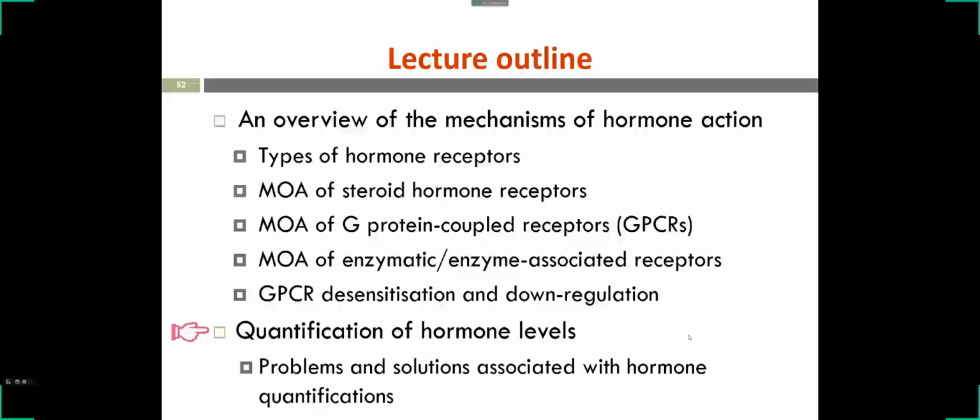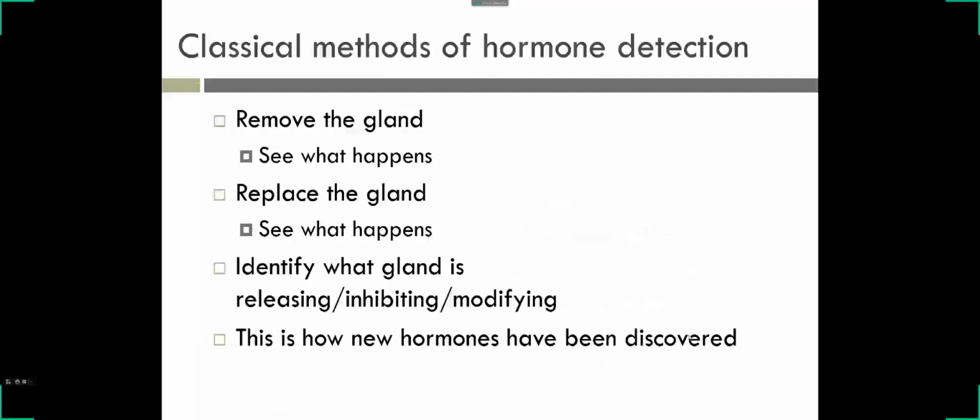Okay, so let's talk a little bit about quantification of hormone levels. So remember when we talked about Berthold and how he discovered the hormones, right? What did he do? He removed the gonads of the males and he looked to see what happens, right?